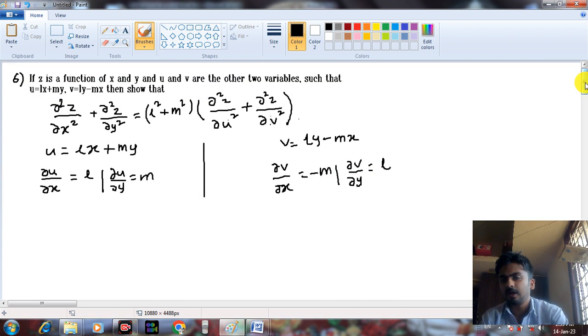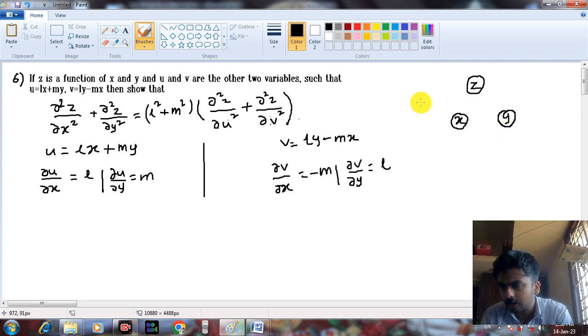But now we have to find a formula. See what is given: z is a function of x and y. Instead of u we are having z, so z is the function of x and y, and then u and v are other two variables such that u is the function of x and y, v is the function of x and y, because u equals lx plus my and v equals ly minus mx.